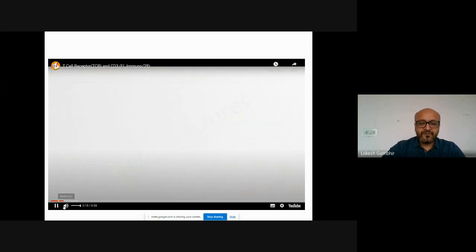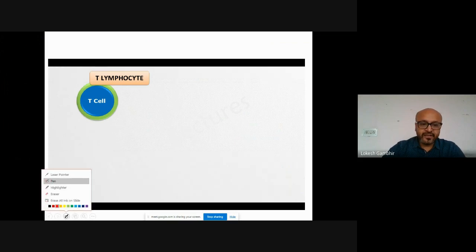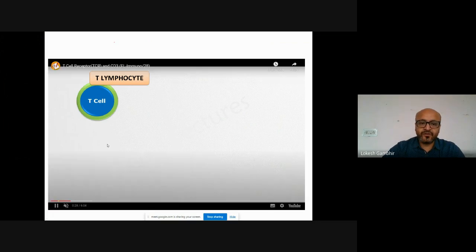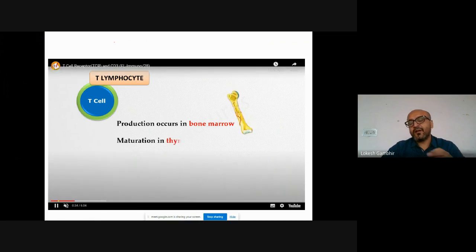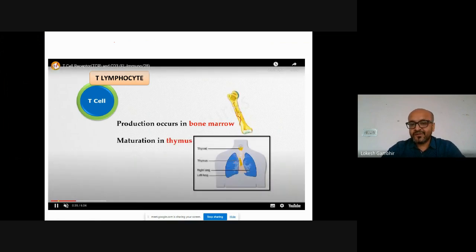When we are talking about the T cell, there is nothing new in terms of initial understanding: we are talking about T lymphocytes, which are produced in bone marrow and, after being produced, reach the thymus where maturation actually happens.